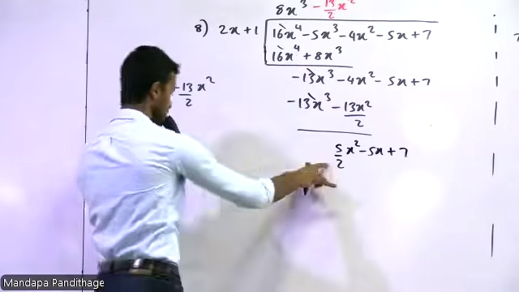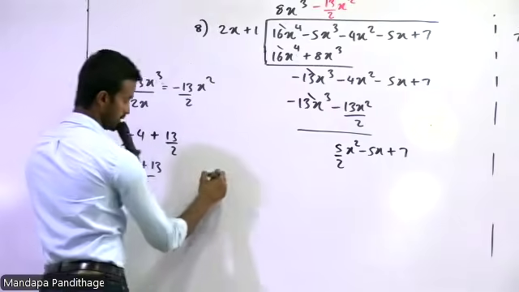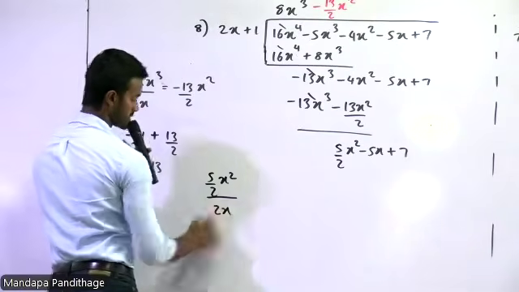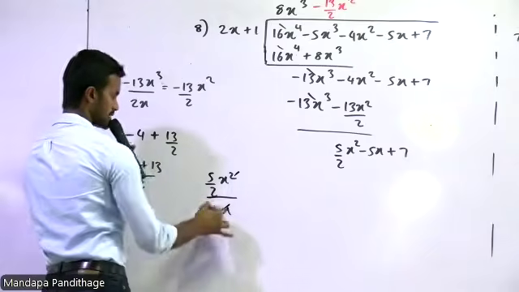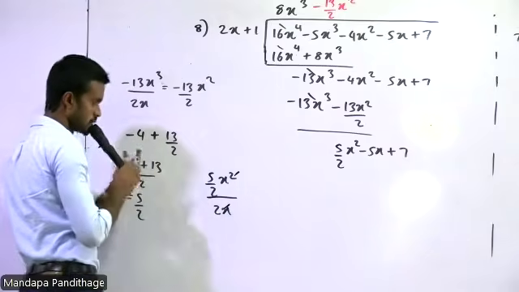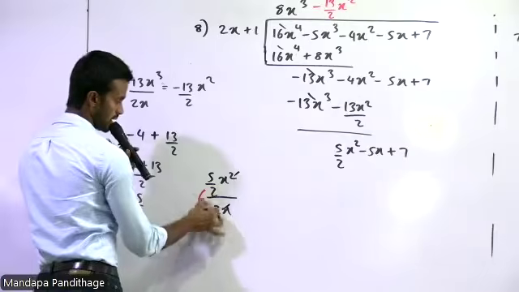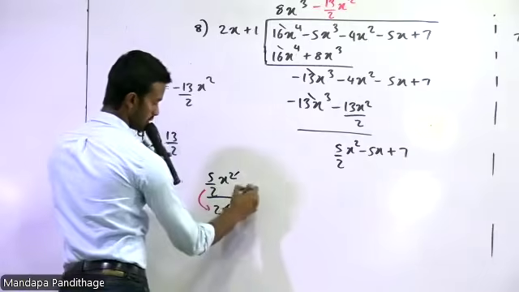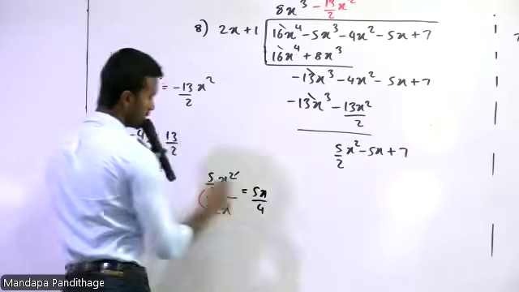Okay, now I divide this. Divide 5 over 2 x squared by 2x. So x cancels off, this 2 comes down, then you get 5 over 4. So this is equal to 5x over 4.